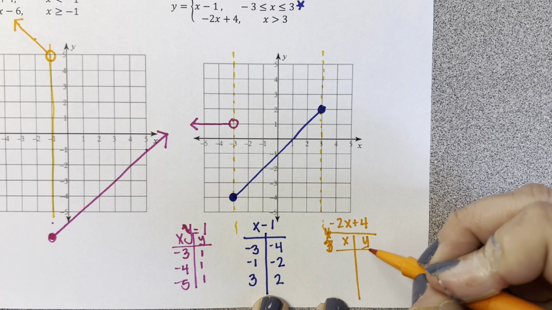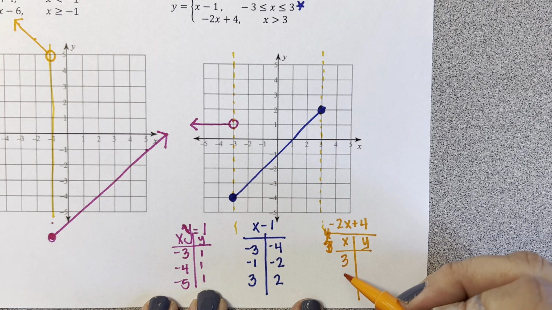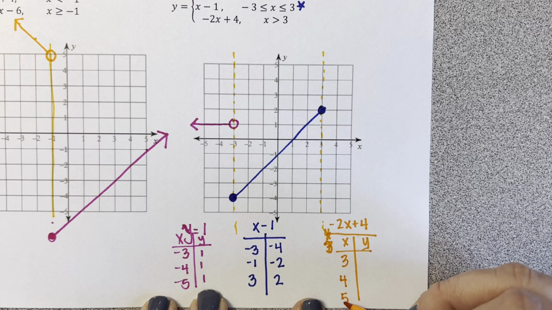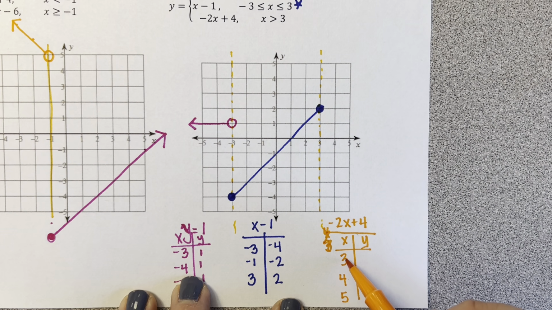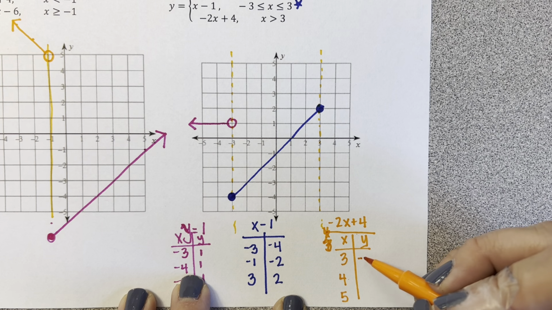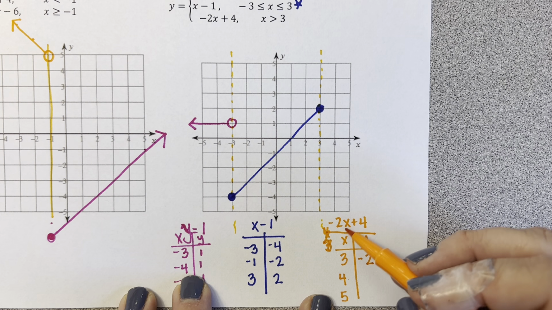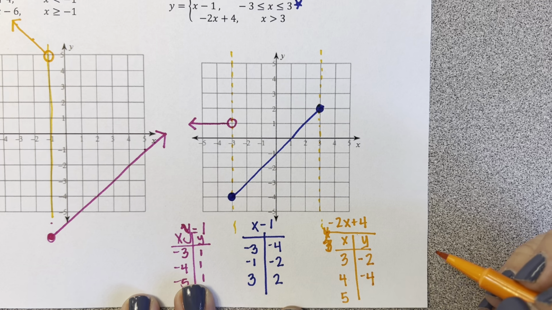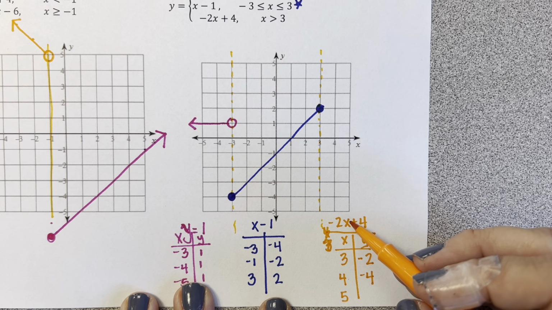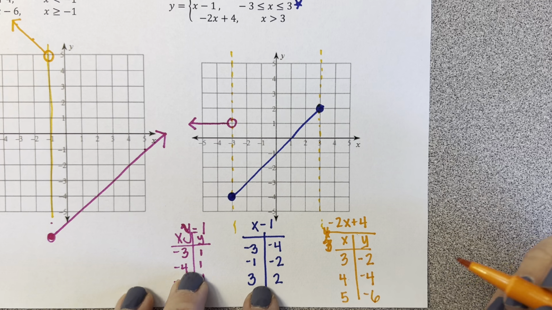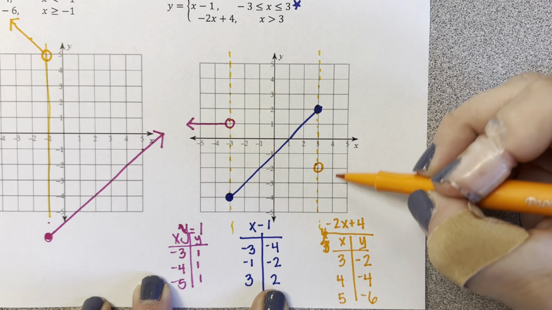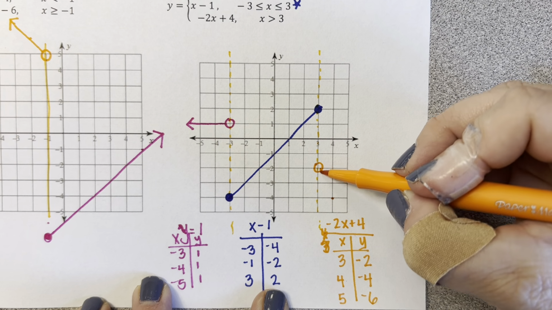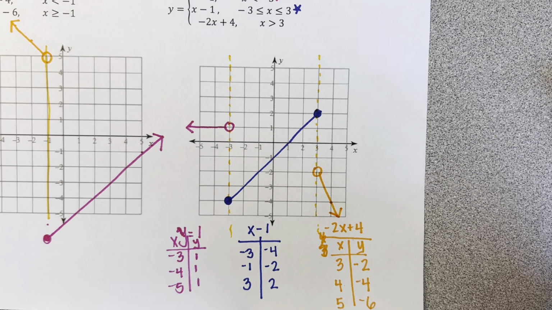I'm going to pick 3, 4, 5 for x. So -2 times 3 is -6, plus 4 is -2. -8 plus 4 is -4. -10 plus 4 is -6. So 3, -2, 4, -4, it's going to go down like this. So those are the 3 pieces of my function.